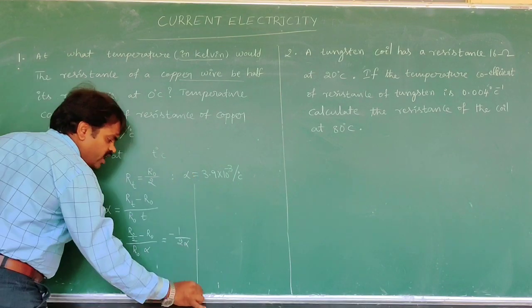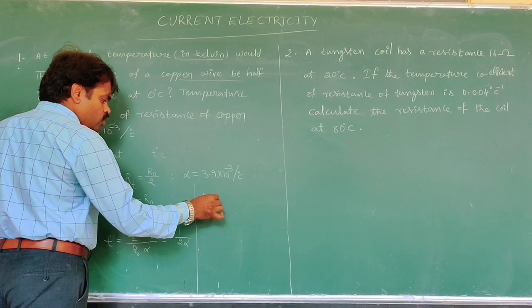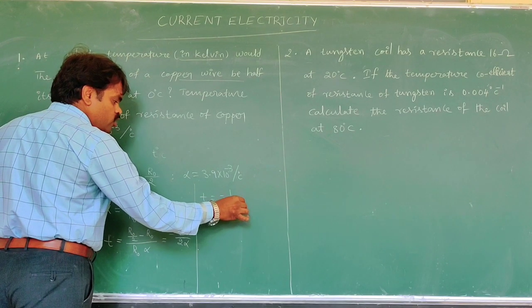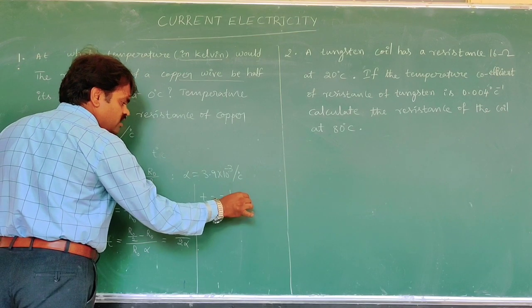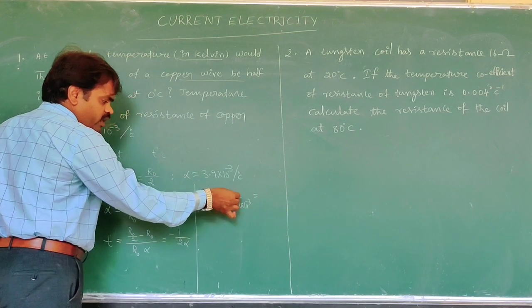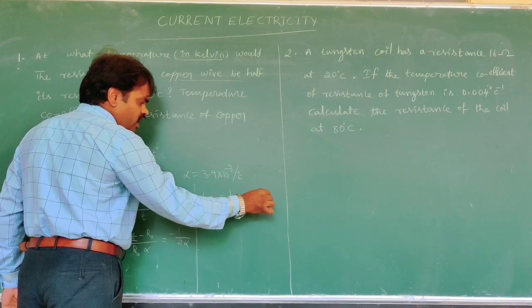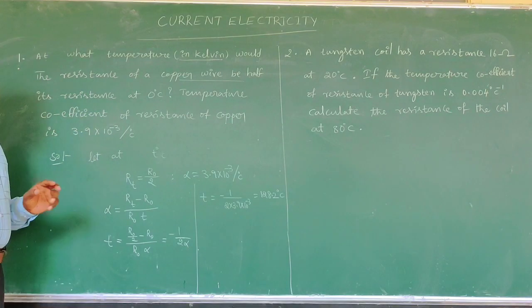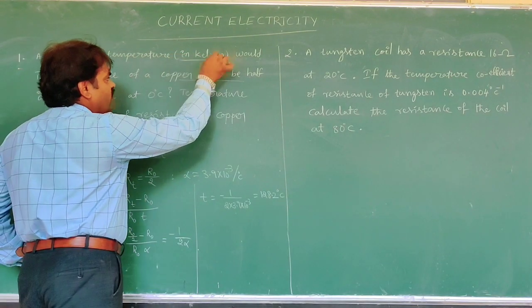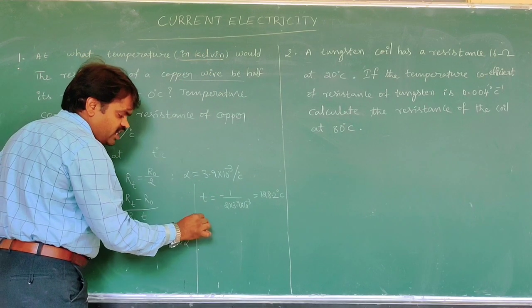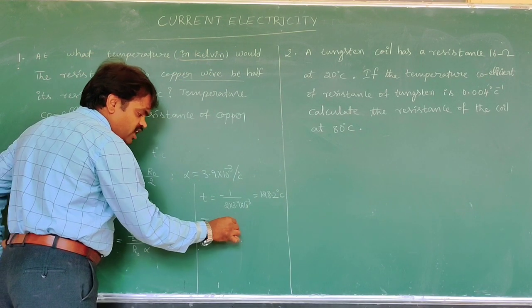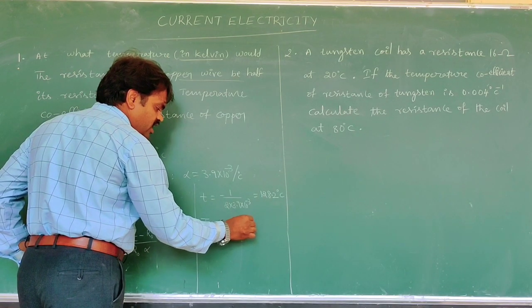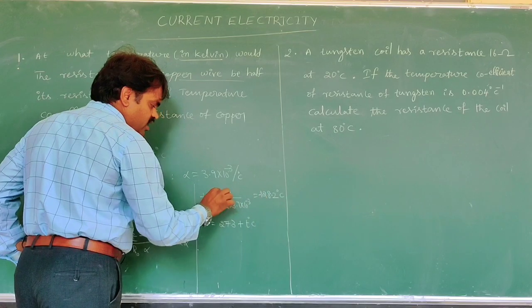Then we substitute the alpha value. T is equal to minus 1 by 2 into 3.9 into 10 to the power of minus 3. When we calculate this value, we get minus 128.2 degrees Celsius. But the answer is asked in terms of the Kelvin scale. Kelvin scale means T is equal to 273 plus T in degrees Celsius, which is minus here.